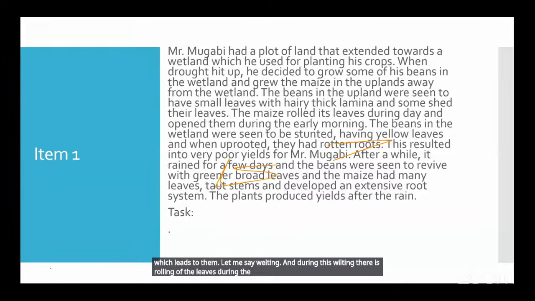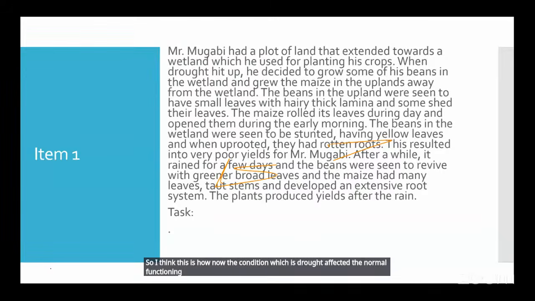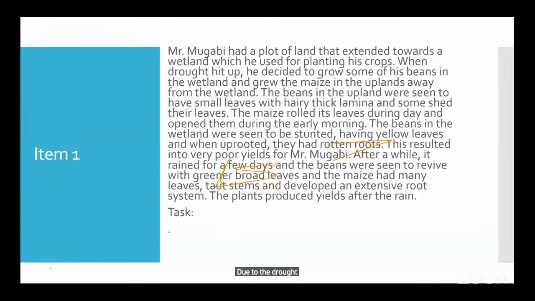So I think this is the reason. This is how the condition, which is drought, affected the normal functioning. If I'm to phrase my point, I'm going to say, due to the drought conditions, the process of transpiration was increased, leading to rolling of the leaves during the day, thus reducing the rate of photosynthesis, or the rate of sunlight absorption, which led to reduced photosynthesis.